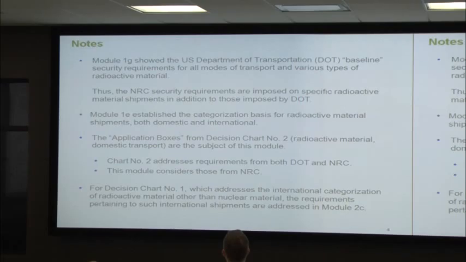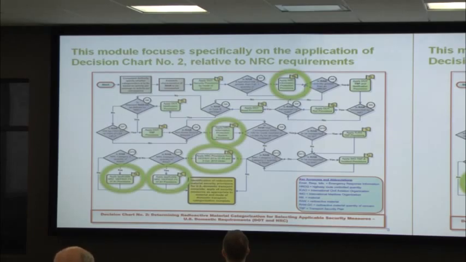Again, for decision chart number 1, which addresses the international organization categorization and requirements, we'll be talking about that in Module 2C later today. So today, in this module, I'm focusing specifically on those application boxes that are circled, that is 2B, 2H, 2K, 2L, and 2M in decision chart number 2.